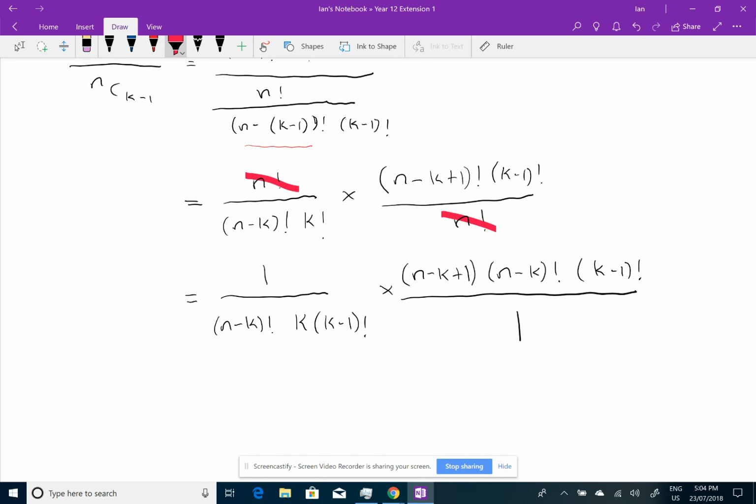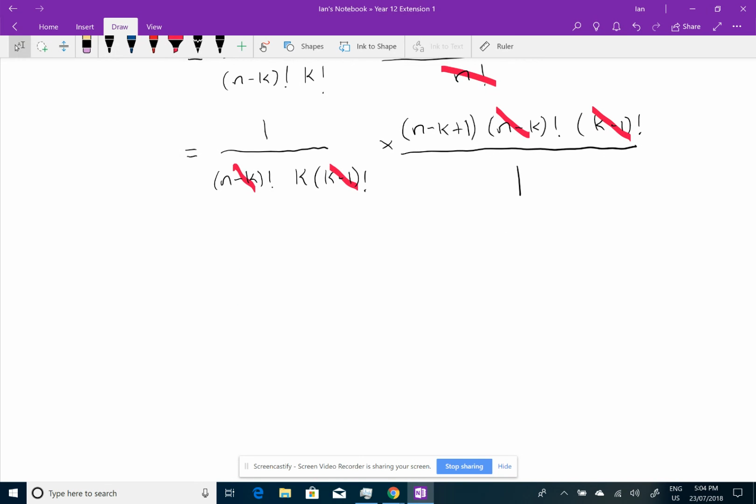Now let's cancel my k minus 1 factorial and my n minus k factorial and my n minus k factorial. Right, now what have I got left? I've got n minus k plus 1 on the top, and on the bottom, I've got a k. And that's the answer.